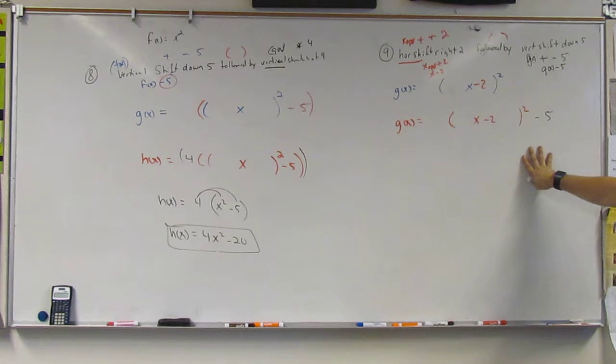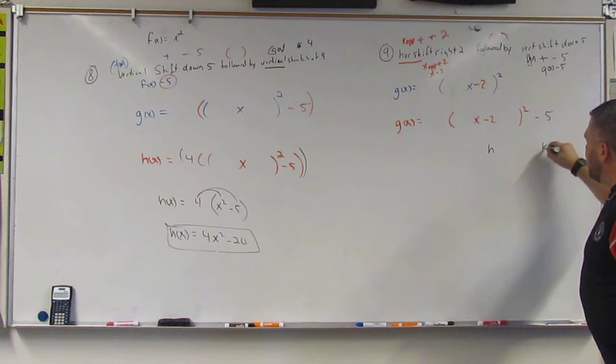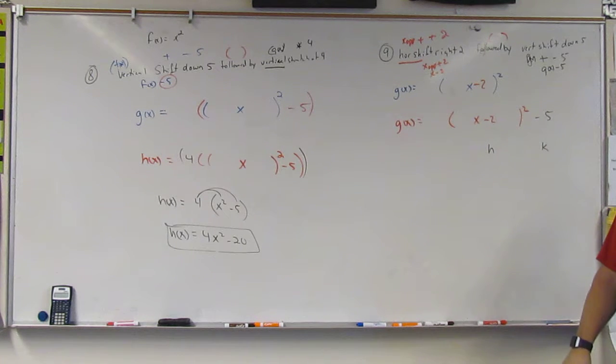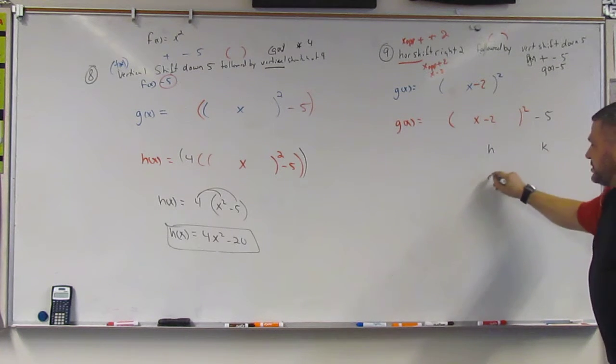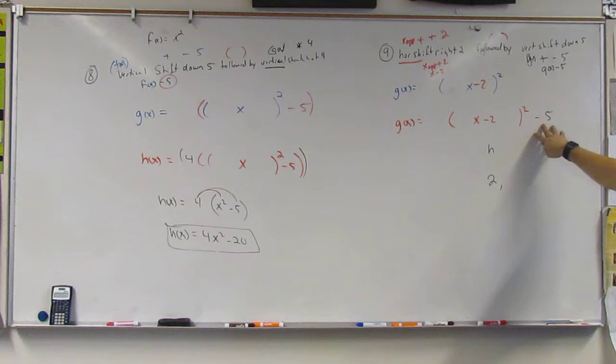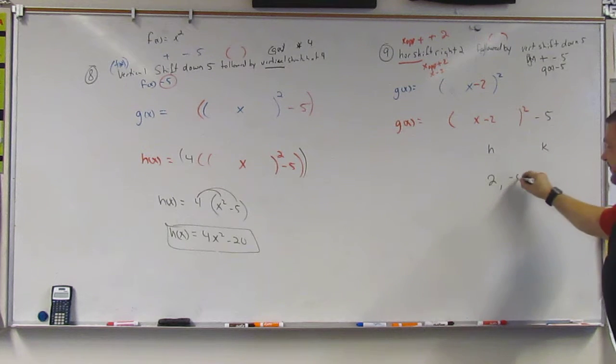No. This is vertex form. What's h and what's k? h is the opposite of what's here, which is what? So h is 2, and k is what's here, which is negative 5.